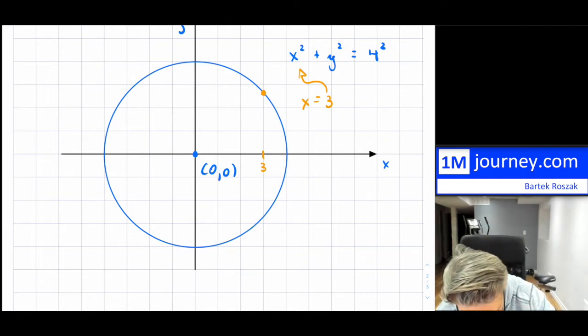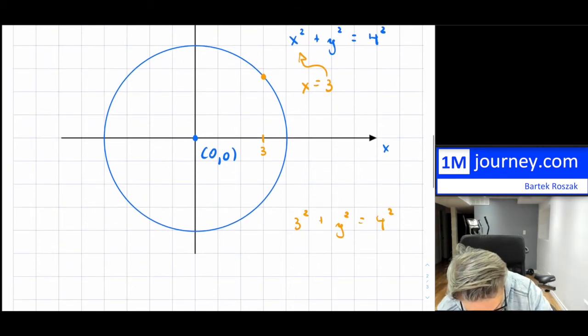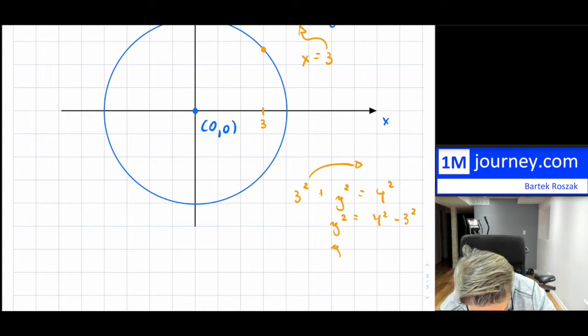So if I substitute that in, I get 3 squared plus y squared is equal to 4 squared. Then of course we bring this over to the other side, so this is going to be 4 squared minus 3 squared. Then we take the square root so that we can solve for y.